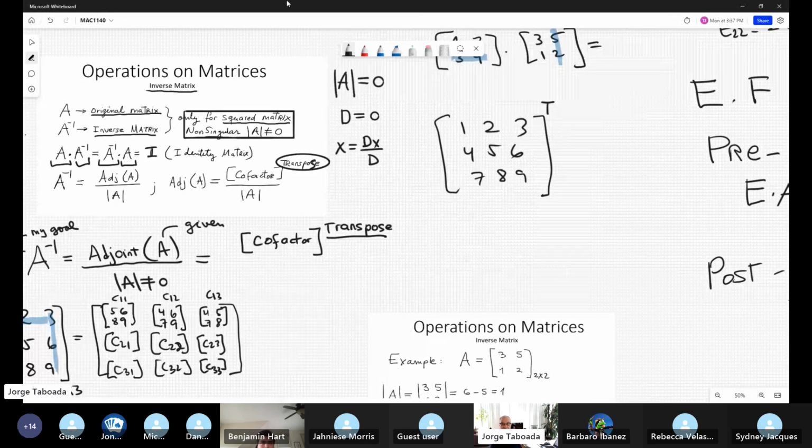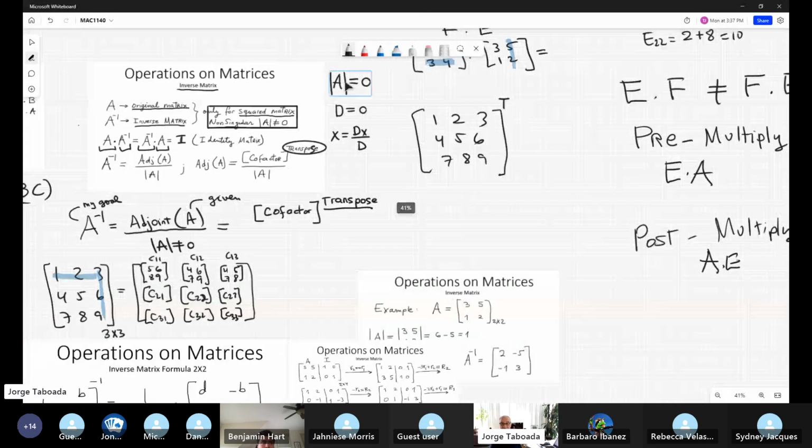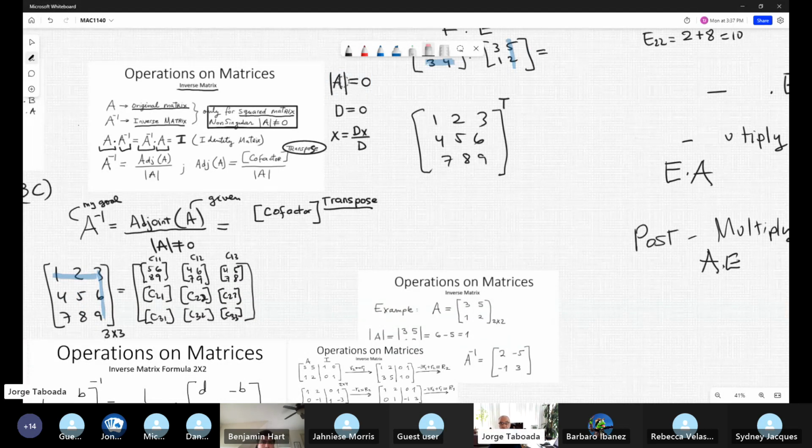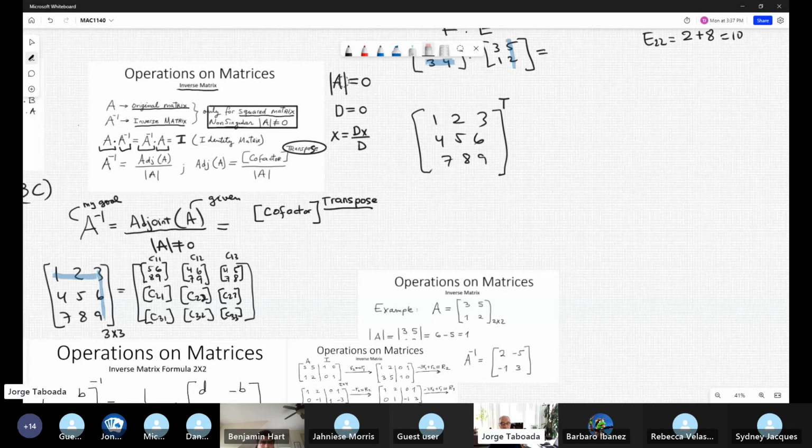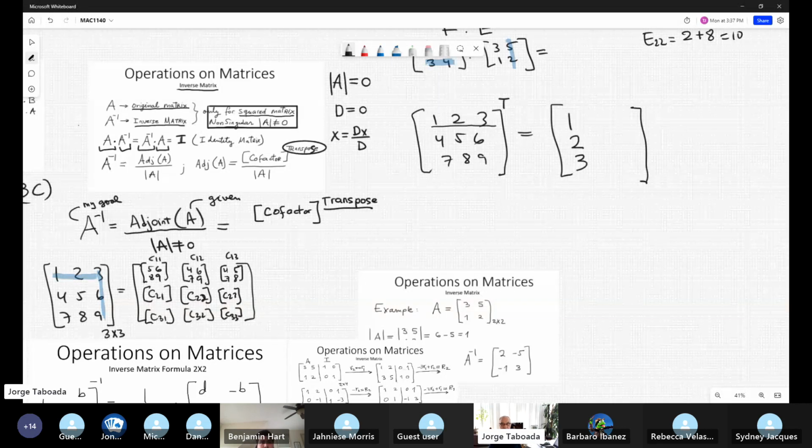And the action for the transpose is changing the row for the column. It's a permutation. This is row 1, you copy it now as column 1. You swap row by column, or column by row. This is 4, 5, 6. And this is 7, 8, 9.